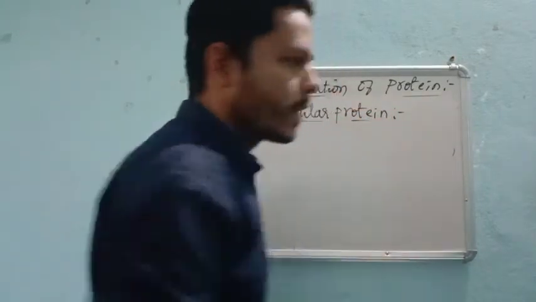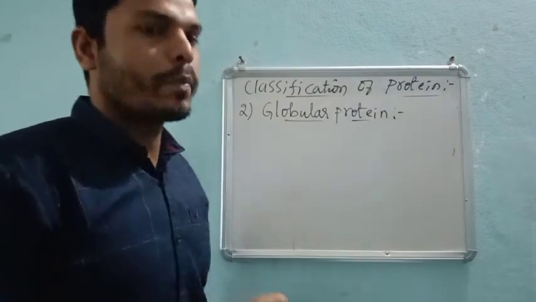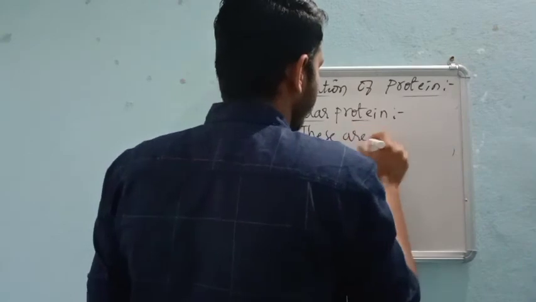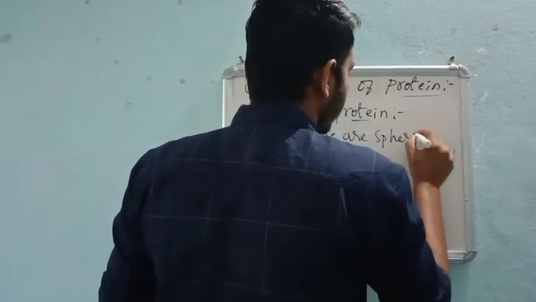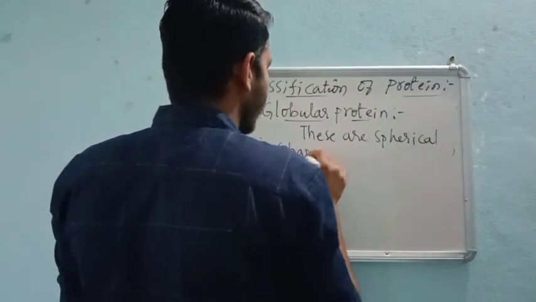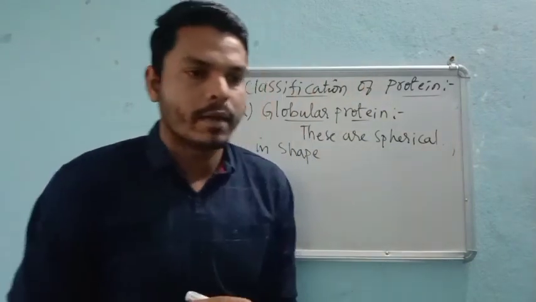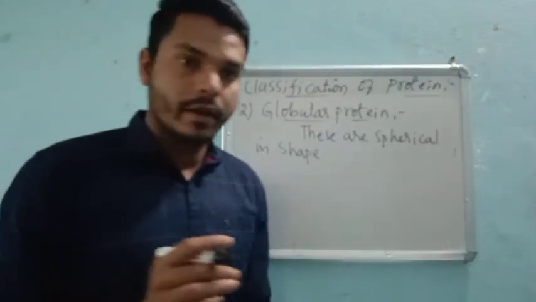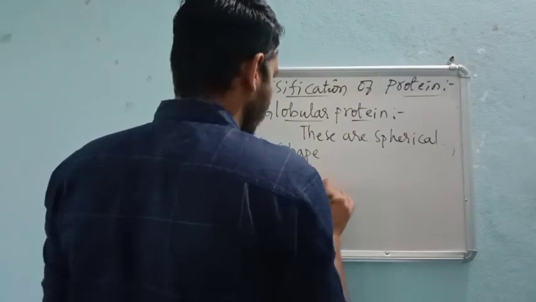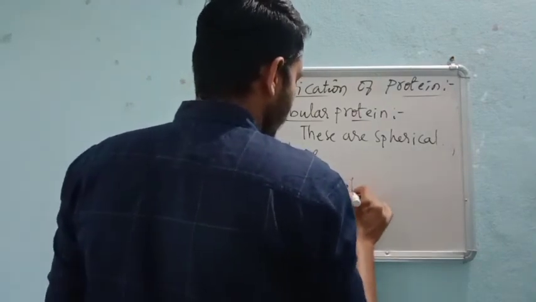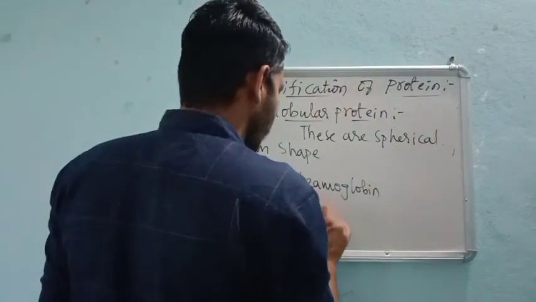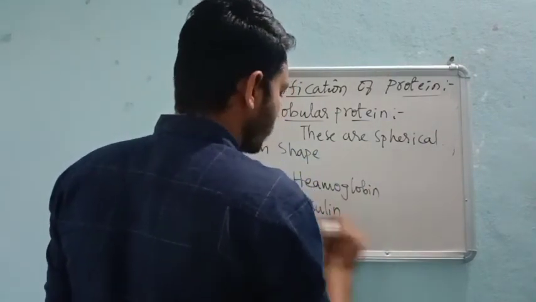These are spherical in shape, and the example will be hemoglobin, and one more example is insulin.